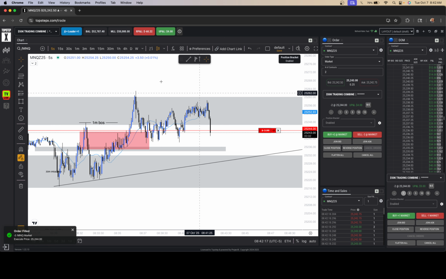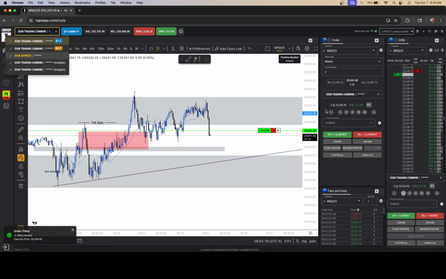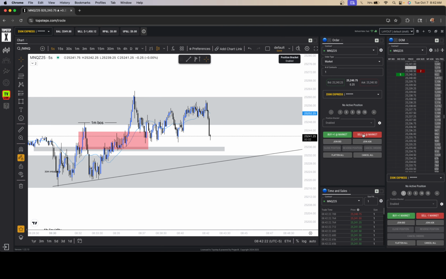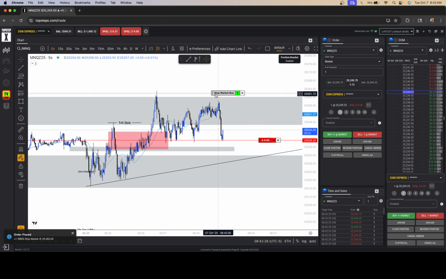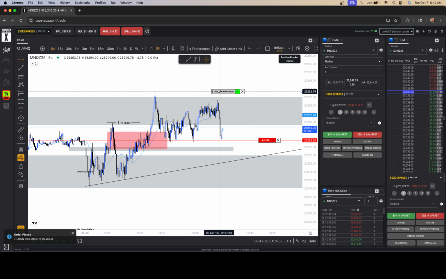Order filled. I'm gonna take that there. Think I'm gonna take a sell on the other one as well. Have the buy stop at the high.